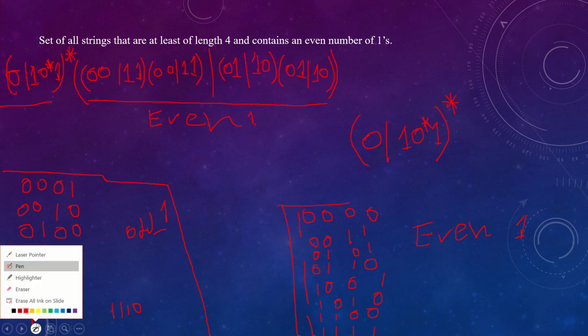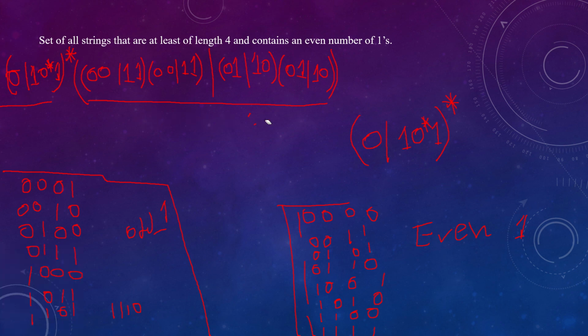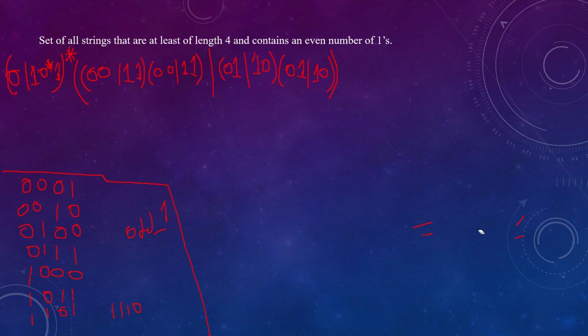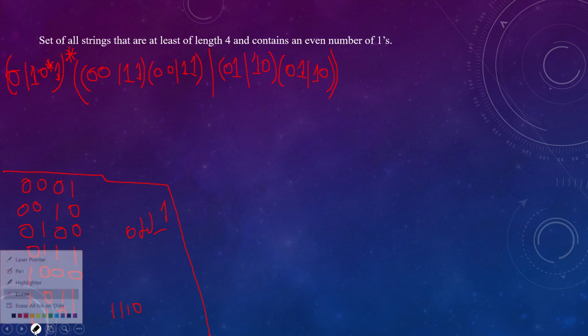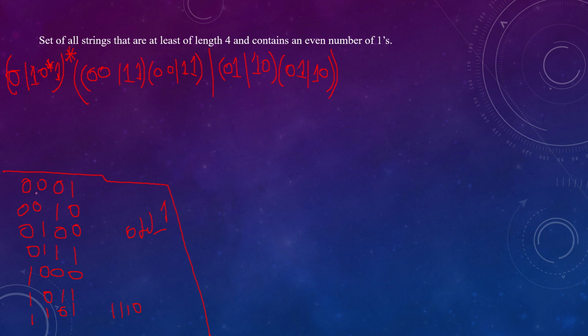Now this solves half of our problem. We got even now at least length 4 and even number of 1, while there is even number of 1 in the last 4 digit, but there can be odd number of 1 in the last 4 digit too, right? So we have to deal with this part too.